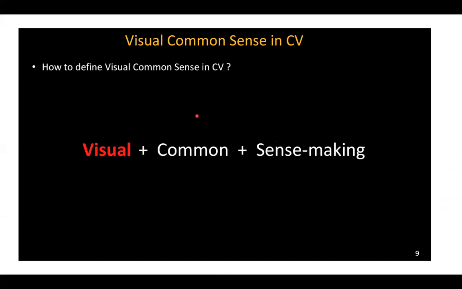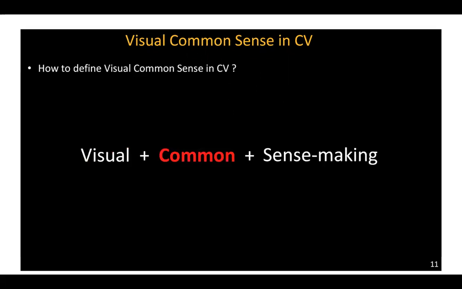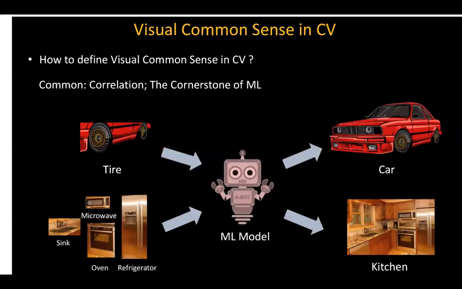Yeah, the topic is about visual commonsense. So what is visual commonsense? According to the authors, it contains visual, common, and sense making. Visual just means this comes from computer vision. And then common just means that there is a strong correlation in the images.